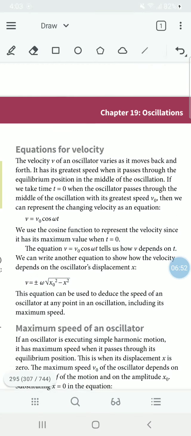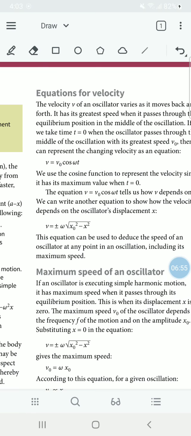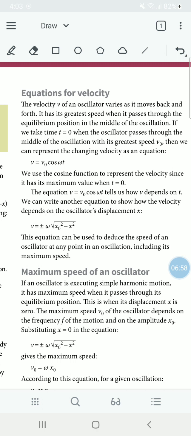Let's write down the note. Equations for velocity. The velocity of an oscillator varies as it moves back and forth past the equilibrium position. However, it has the greatest speed when it passes through the equilibrium position.